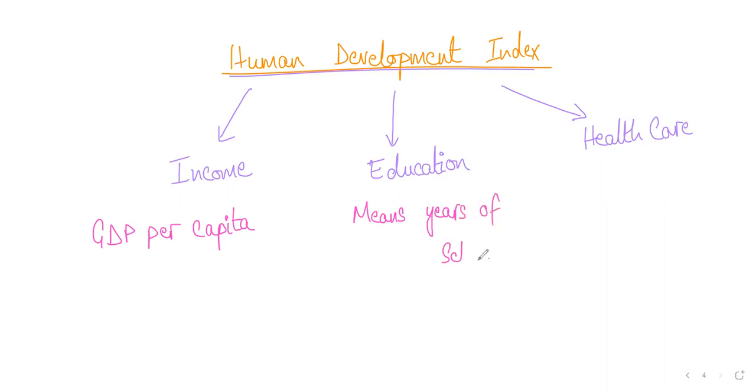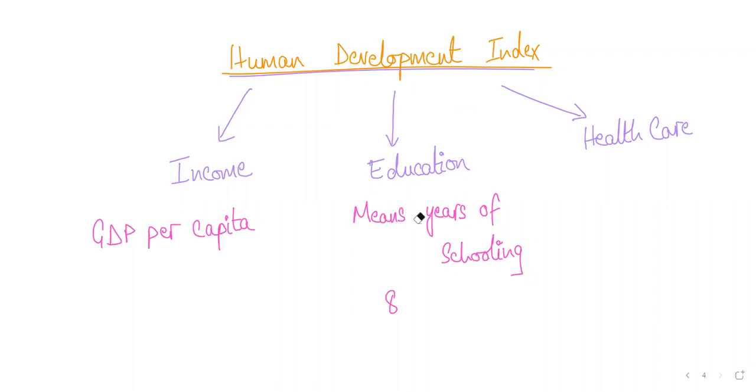If I say that Pakistan's mean years of schooling is 8 years, what does that mean? This means that a typical Pakistani, think about this. We do not look at degree holders because a degree is a very expensive thing, not everyone can afford it.